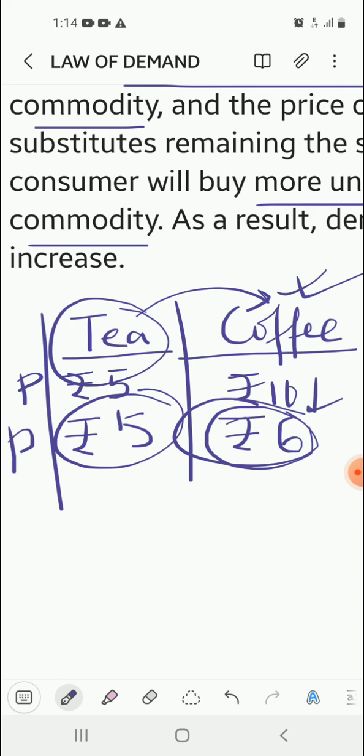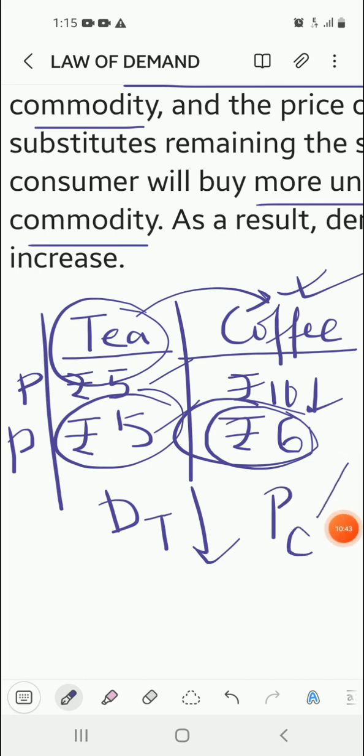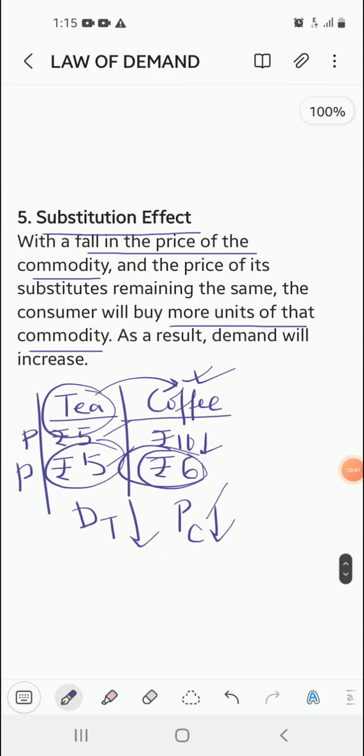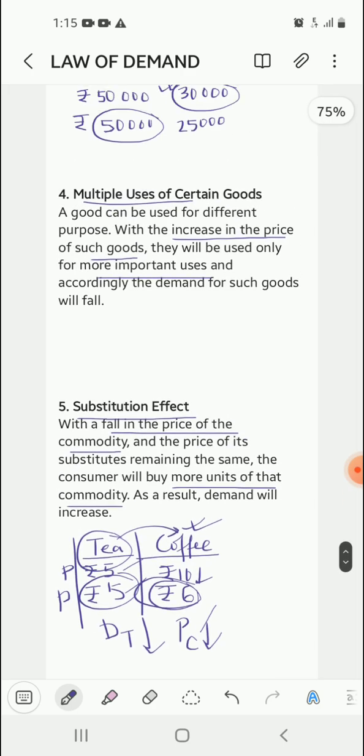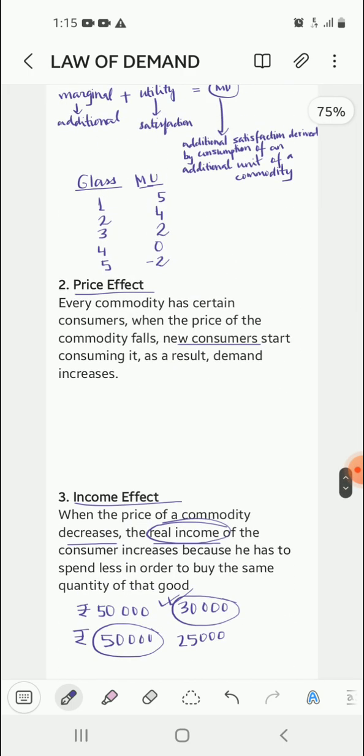So you can see that when the price of tea is constant, because of the decrease in the price of coffee, the demand for tea decreases. So these are the major reasons behind the downward sloping demand curve.